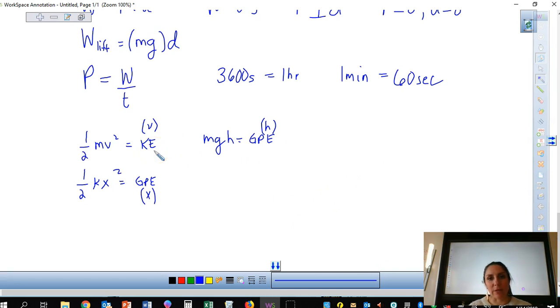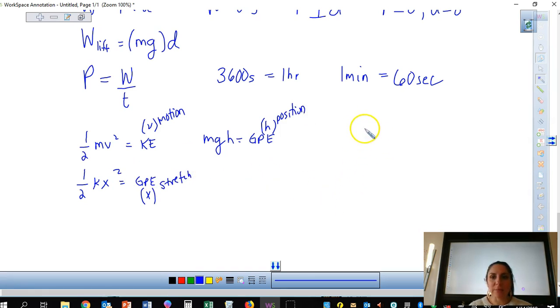Again, you can't put that in the equation sheet, but recognizing that anytime you have motion, that's kinetic, position, that's gravitational, and stretch, that's elastic.